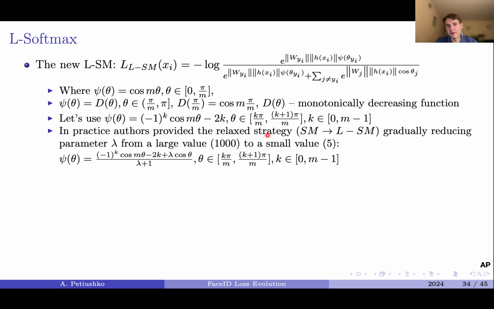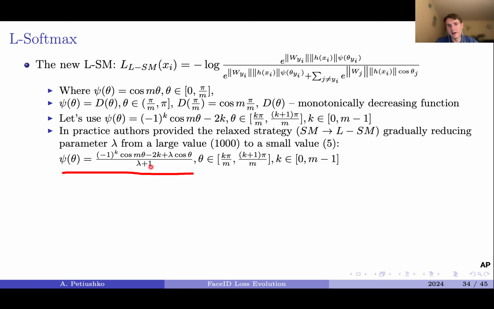The authors provided a relaxed strategy of iteratively and continuously moving from vanilla softmax to this L-softmax, gradually reducing the parameter lambda from a very large value. They started from 1000 down to a small value, 5, and they used this formula.